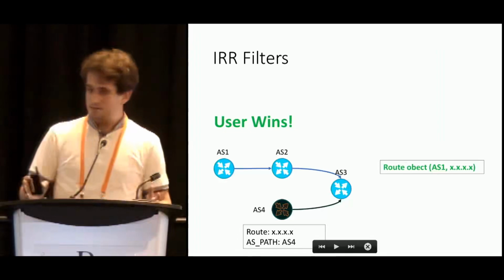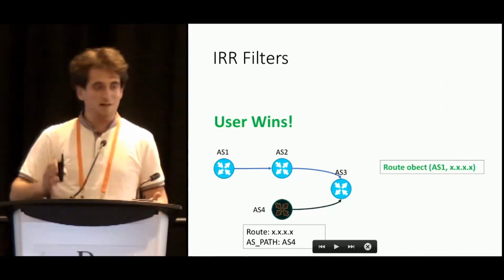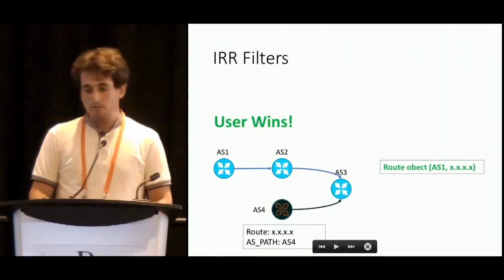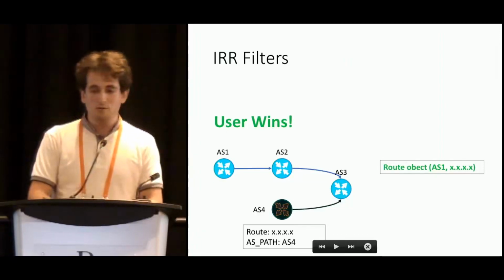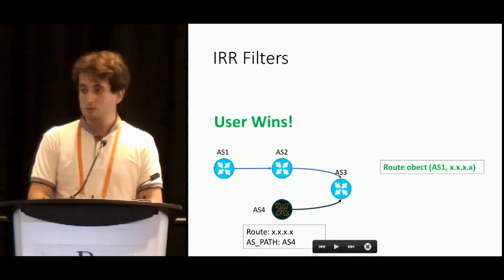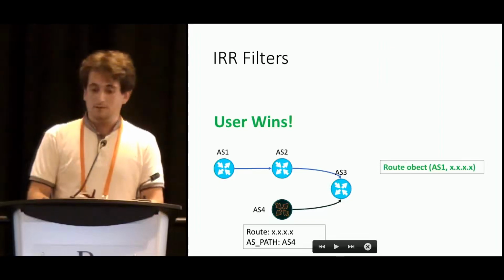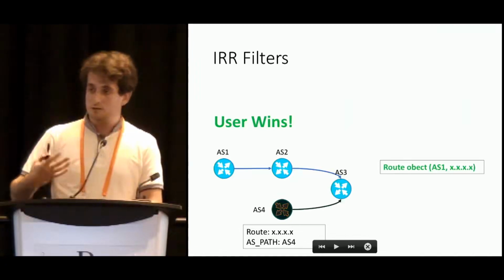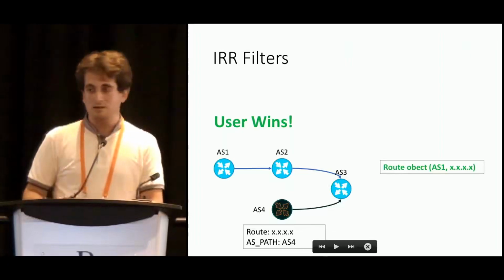During the slides, Autonomous System 4 will try its best to hijack address space that belongs to Autonomous System 1. In a simple situation, when there is a route object that belongs to Autonomous System 1 and Autonomous System 4 tries to advertise a prefix that belongs to Autonomous System 1, Autonomous System 3 will be able to detect it, because there will be no match with the IRR filters that should be applied between 4 and 3.